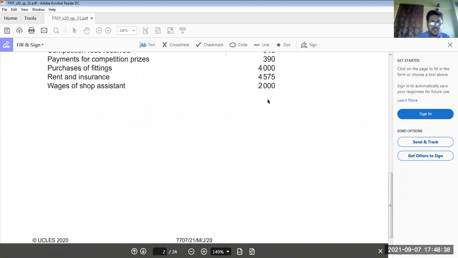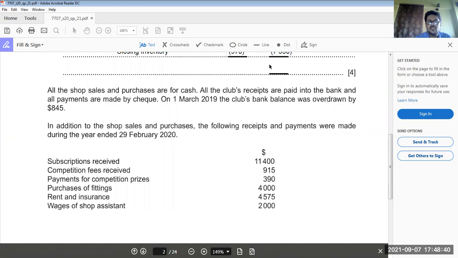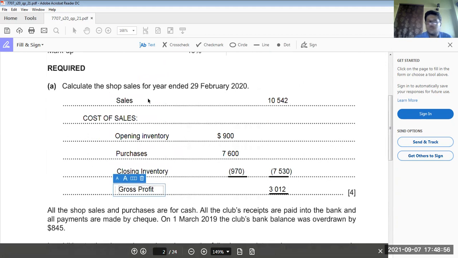Gross profit is 3,012, which we have earned.